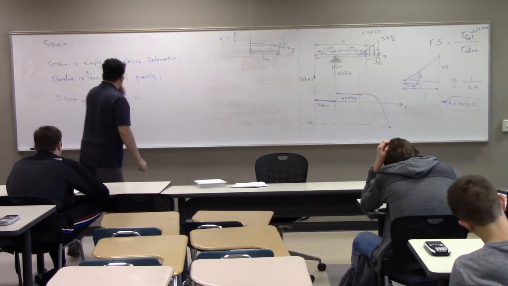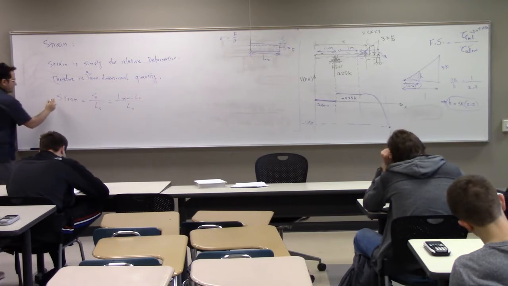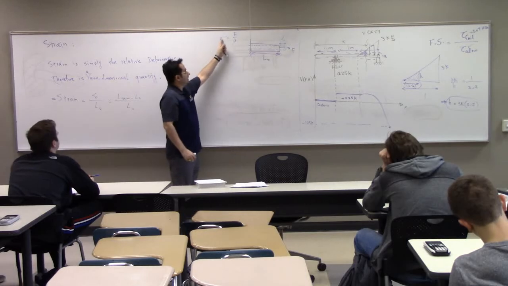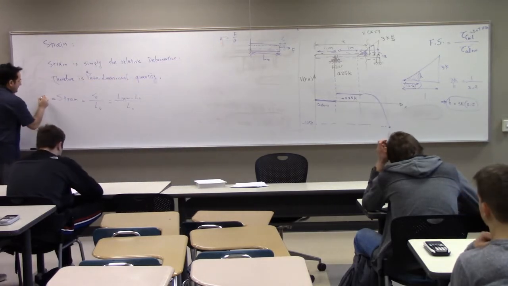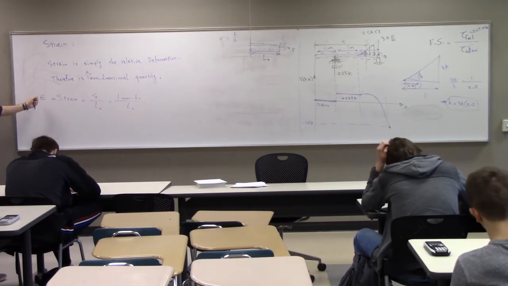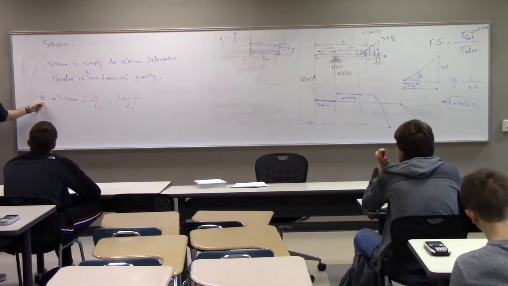This quantity, they call a strain. And then they have a nice symbol for that. In fact, you have a Greek letter for stress. Now you have another Greek letter for this, epsilon. So this is in fact some sort of displacement. But what's the unit of that?